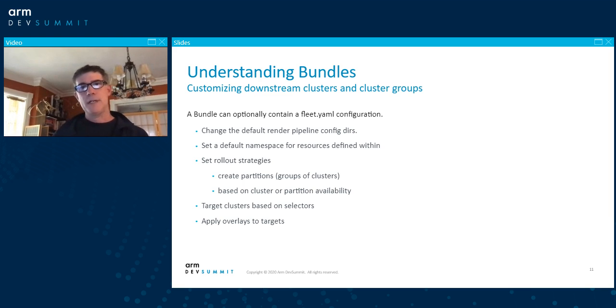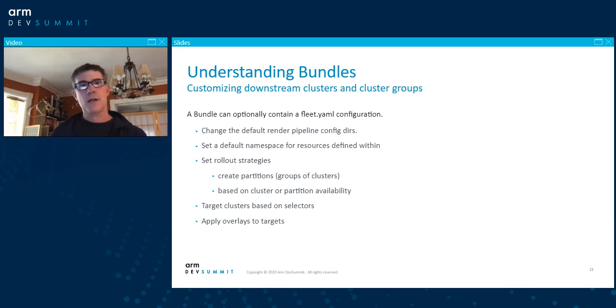So if I want to test a change in a group of 1,000 clusters, I could create a rollout strategy that allows me to target only 100 of those 1,000 clusters, allowing me to do a 10% rollout, then monitor that change over the course of, say, a week or 10 days or whatever's necessary, and see how it goes. And then if I like it, go ahead and roll it out to the rest of the clusters.